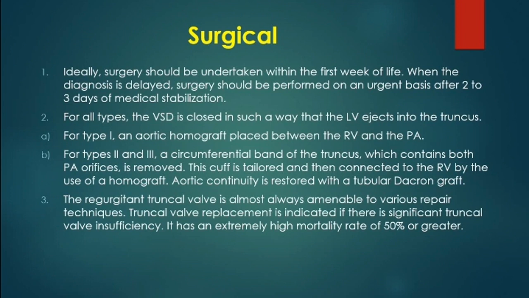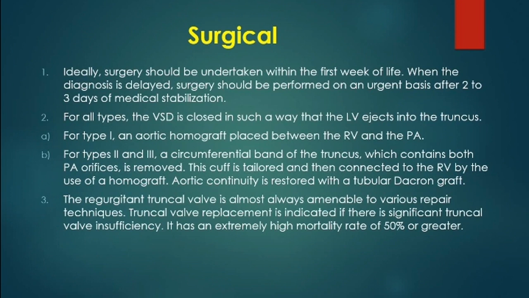For type 1, where there is a main pulmonary artery arising from the trunk, it should be disconnected from the trunk and connected to the right ventricle by a homograft, like a duct.